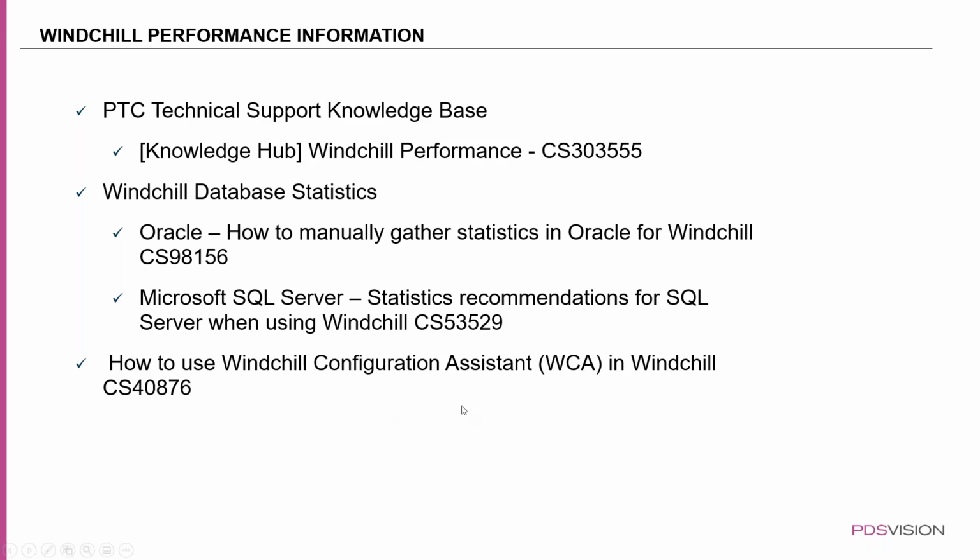So with Windchill 11.0 going forward, this utility is bundled in the installation, and it automatically sets the performance preferences for your server based on your server specs. So it looks at the memory, it looks at the CPU, and based on that, it sets what it thinks would be the best performance for your Windchill system.